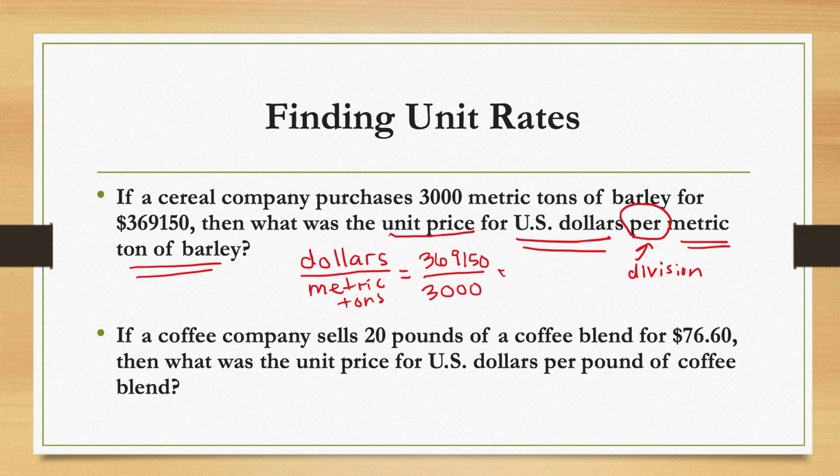All right, and then we're going to divide that out. So I'm going to go to my calculator and type in the 369,150, press the divide key, and then type in the 3,000. All right, and so my unit rate, my unit price is $123.05 per ton.